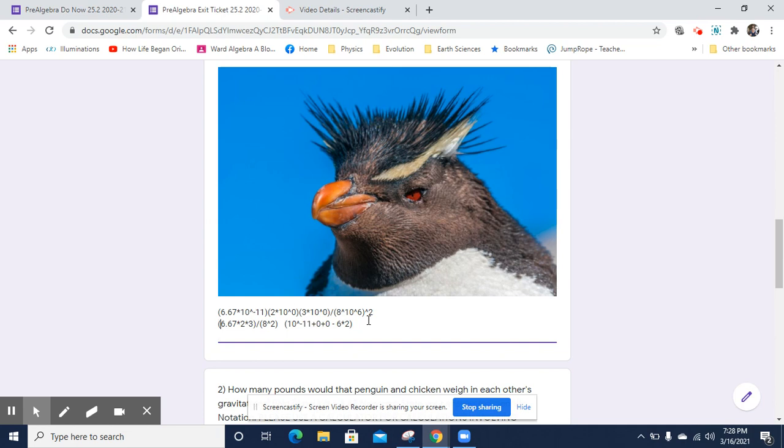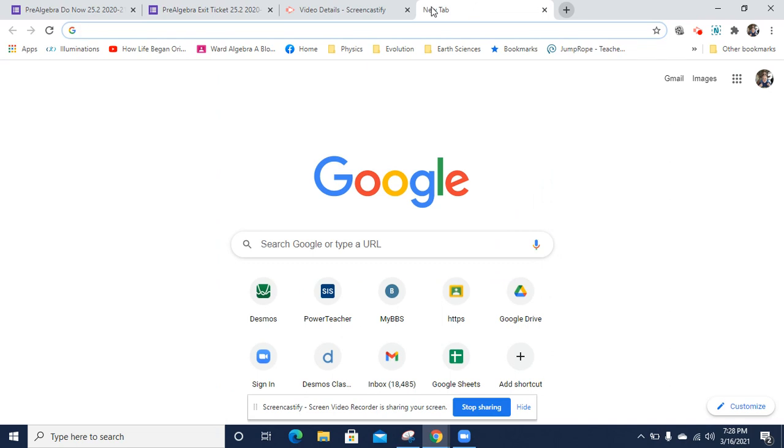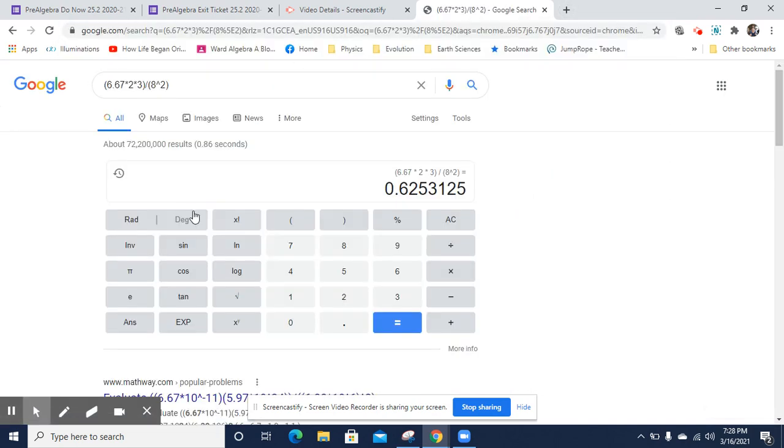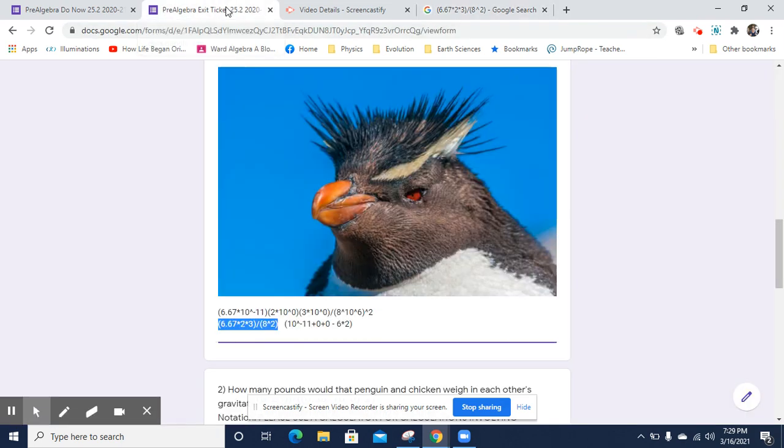Okay, let's figure out what this equals. Grab the whole parentheses, copy paste, go to the calculator, and I get 0.6253, and so on. So I'm going to round that to 0.625.